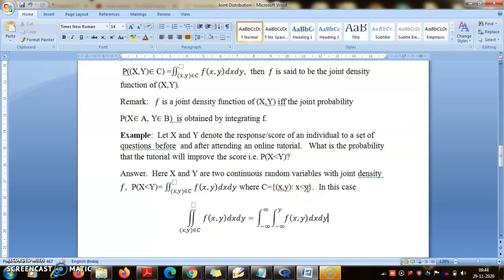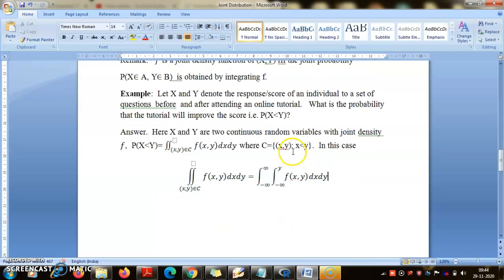If you imagine the 45-degree line passing through the origin, we are looking at points above it. Now we can be slightly more specific about how you would compute this integral. You let y vary over all possible values, but you consider only those values of x which are up to y, not exceeding y.